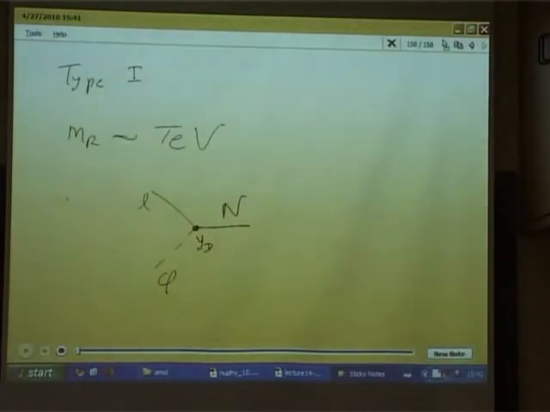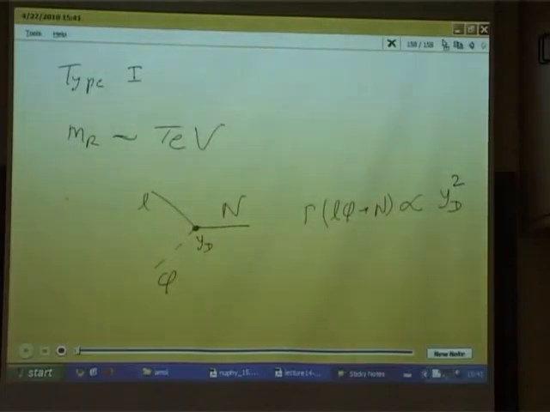Now if you want to produce this N, the rate of production, gamma of L phi going to N, is going to be proportional to yd squared. Now what is yd?